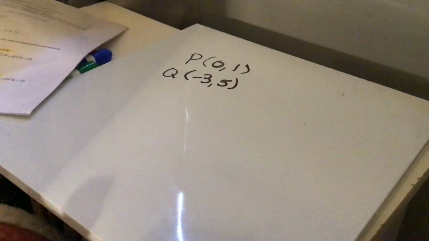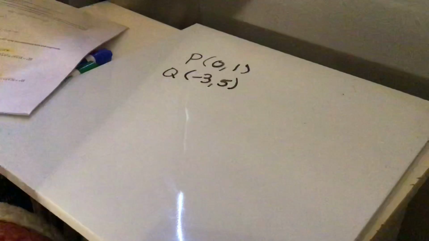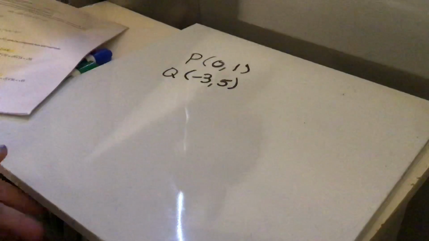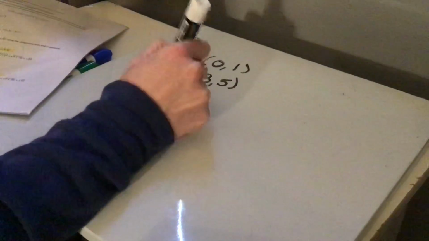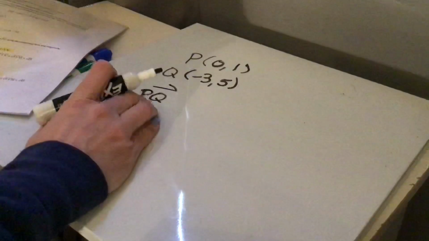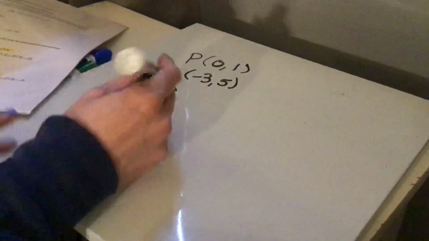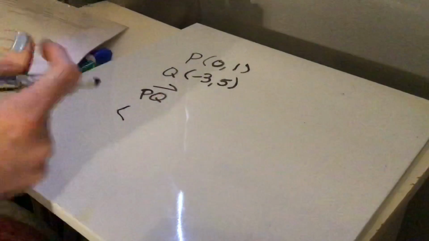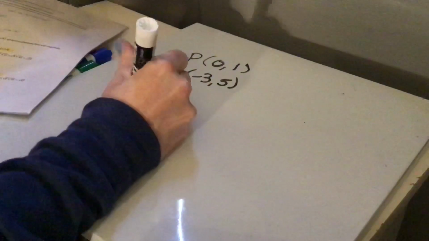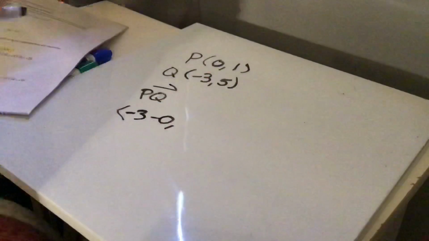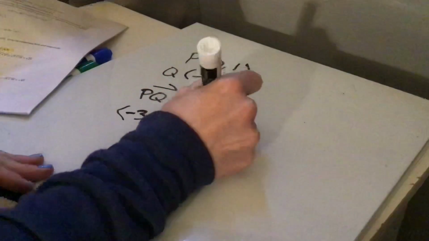Then if we want to find the component form and the magnitude, right? This is ray PQ, where P is our initial and Q is our terminal. So in component form, we would go from the initial point to the terminal point. So we're going to do -3 minus 0, and then 5 minus 1.